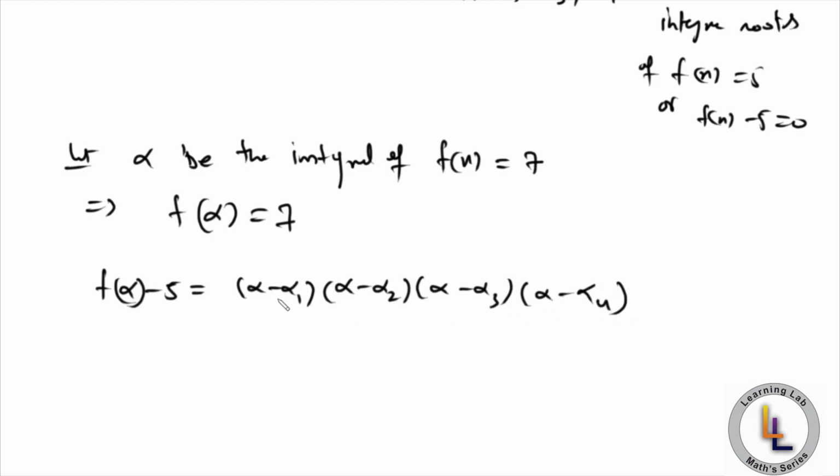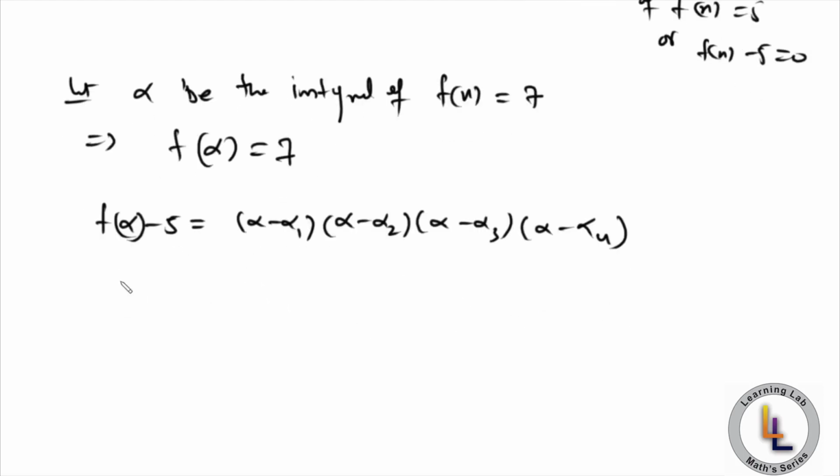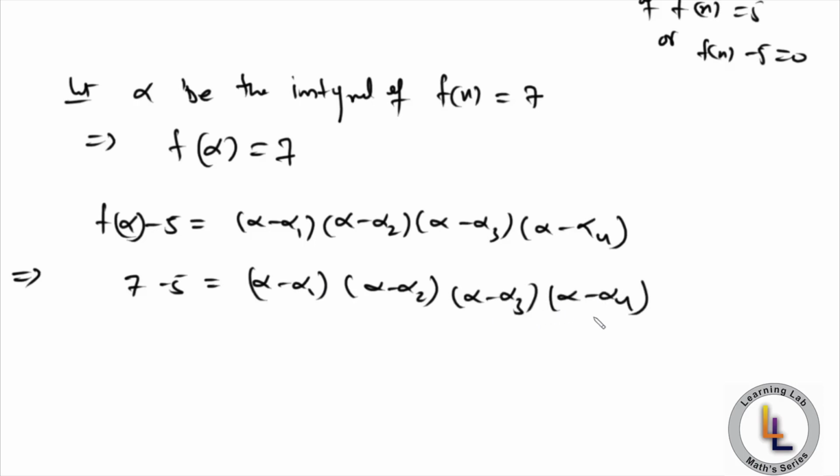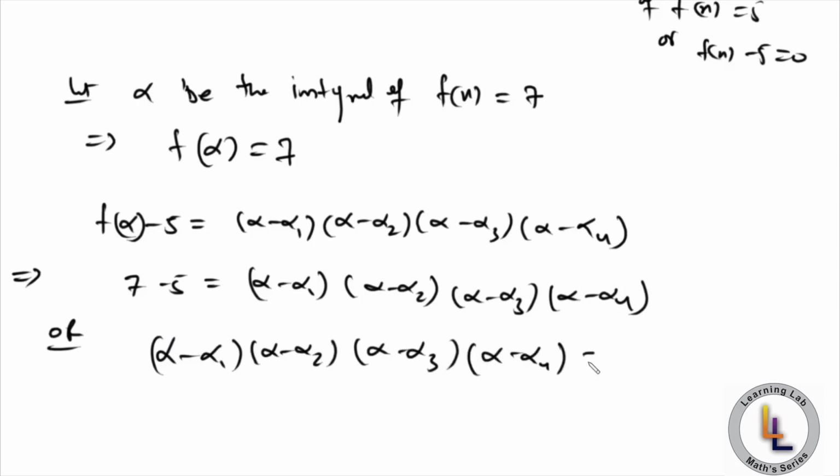Now f(alpha) is 7, so substituting, we get 7 - 5 = (alpha - alpha 1)(alpha - alpha 2)(alpha - alpha 3)(alpha - alpha 4), that is, the product is equal to 2, right?